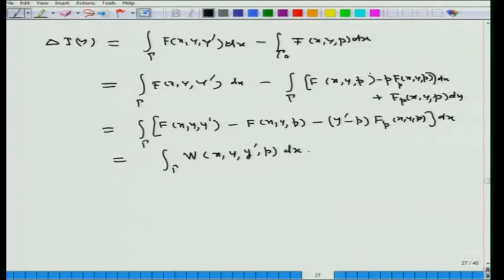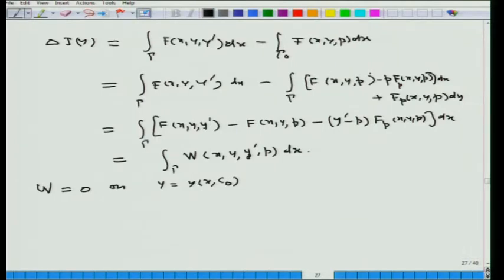So, we see that this delta I(y), we know that this W is 0 on y(x, c0), because on this y prime is p.